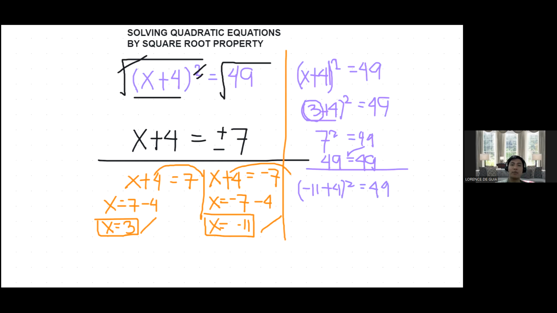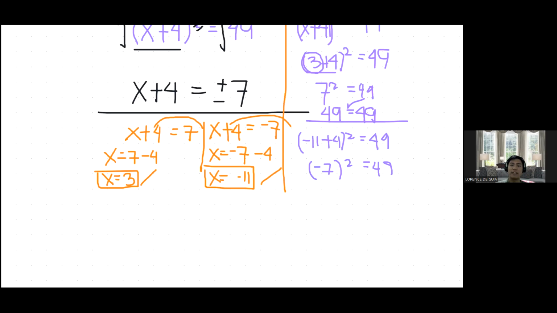Negative 11 plus 4 is negative 7. Then just take its square. And we know that the square of a negative number is positive. And 7 times 7 is equal to 49, making both sides of the equation equal. Hence, x equals negative 11 satisfies our equation.